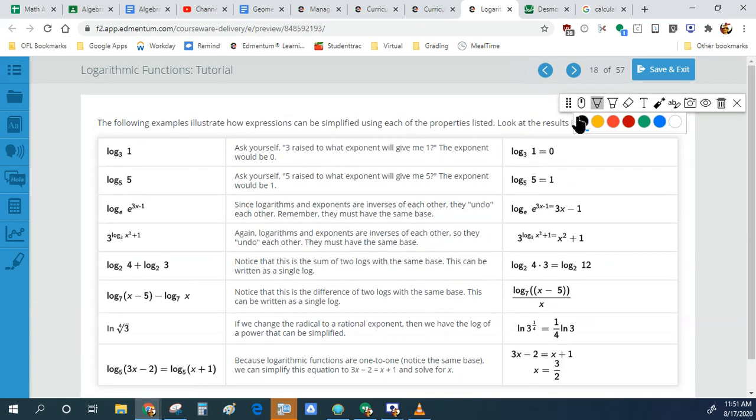The reason this makes sense is to think of it this way. Let's say we have log base 3 of 9, and this equals 2. Another way of saying this is we're asking, 3 to what power gives us 9? That would be 2.